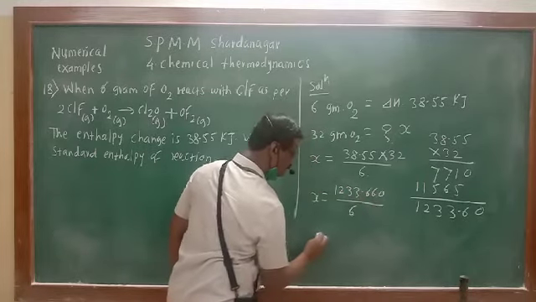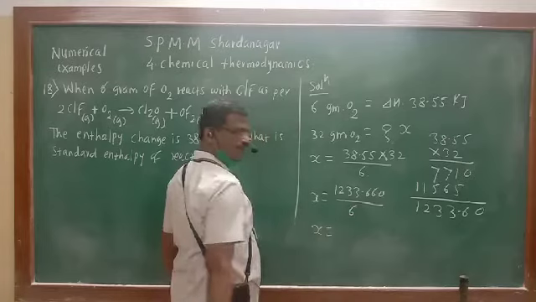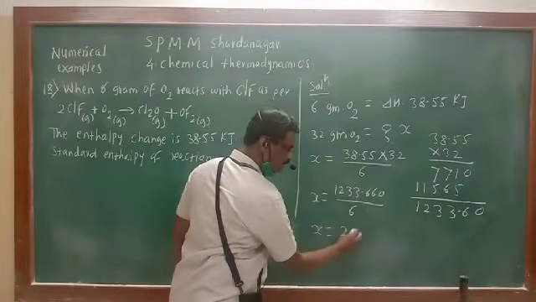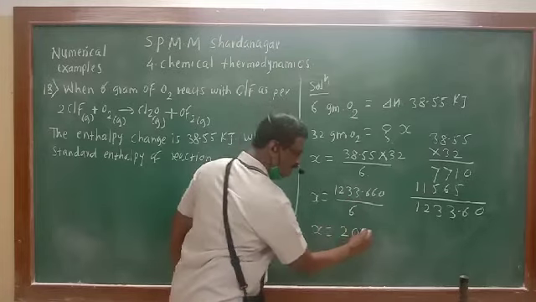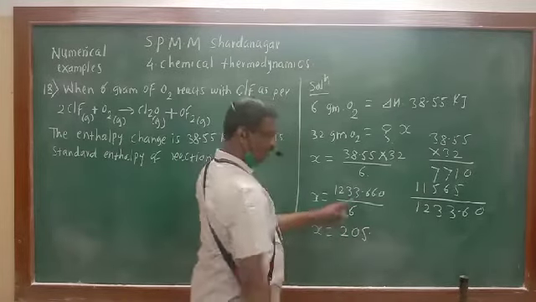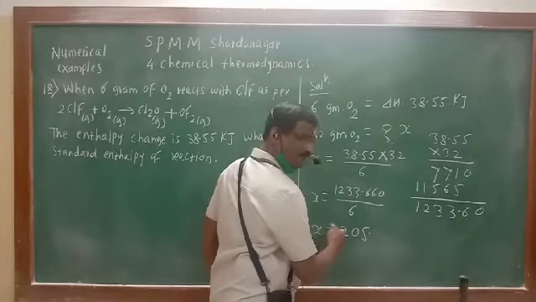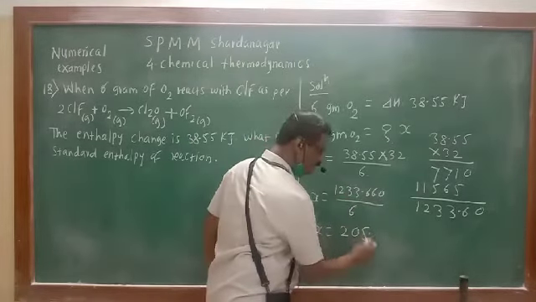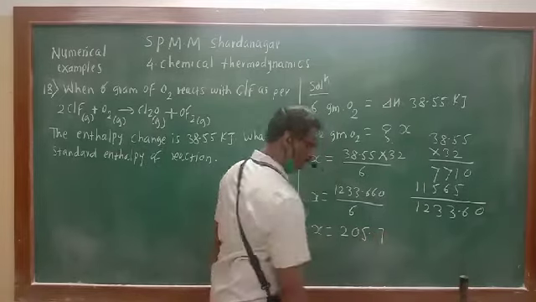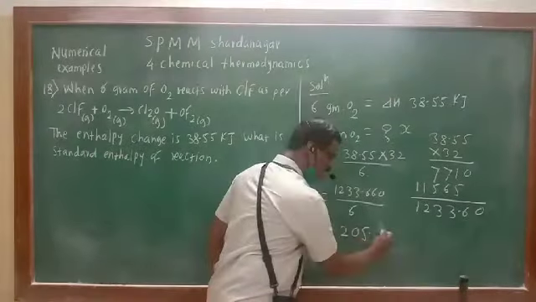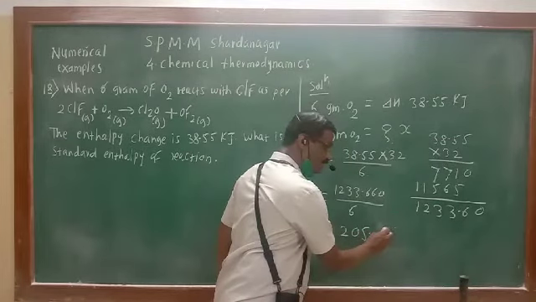divided by 6. So X is equal to 6 2s are 12, 3, so it is 0. 6 5s are 30, 3 is remaining there, then 6. So 36. 36 divided by 6 will be 6.